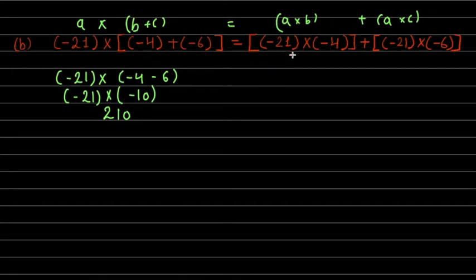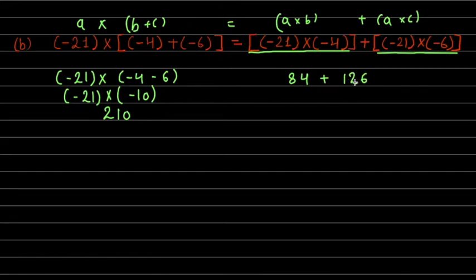Let's see here on the other side. This is your first bracket and this is your second bracket. So first thing, we will solve the brackets. Minus 21 into minus 4. So 21 4 is how much? 84, and minus and minus becomes plus. This plus sign as it is. 21, 6 1s are 6, 6 2s are 12. So 126. Now let's add it.